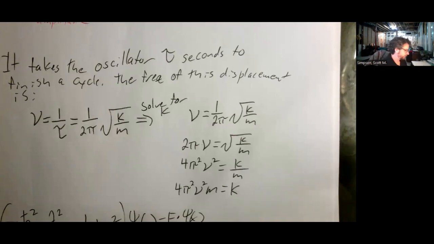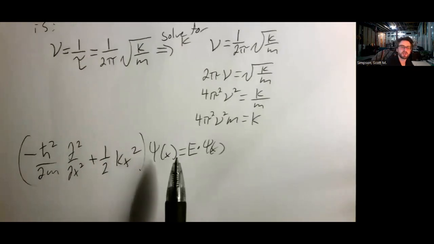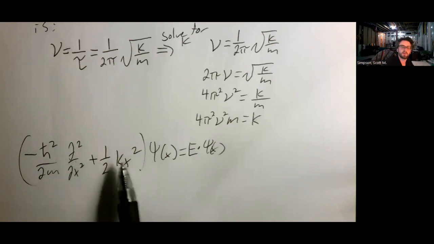Before we do that, though, we're going to apply this differential. So we're going to get our wave function in here. We'll have our wave function connected to here, and then we'll plug in for k.